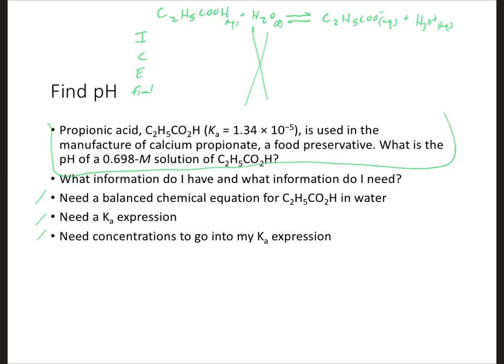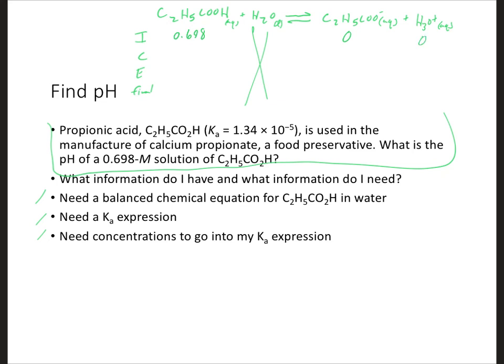So now we look for the other information they give us. They've already given us a Ka, and so the other information that we have is a starting concentration for the solution. So that means that the C2H5CO2H was going to start off with 0.698. That means that our product started off with concentrations of 0.